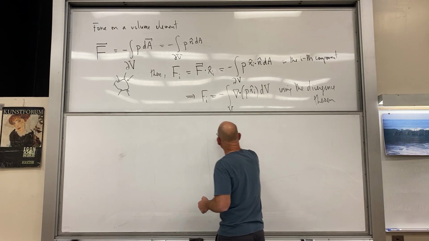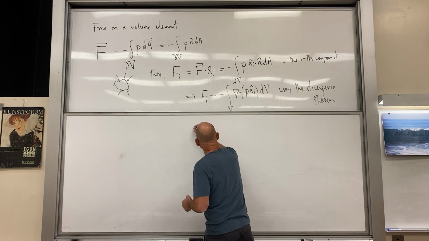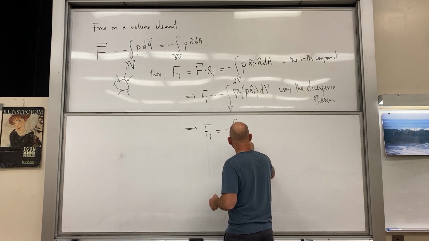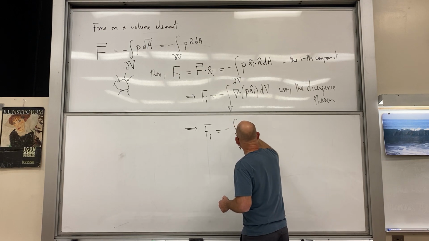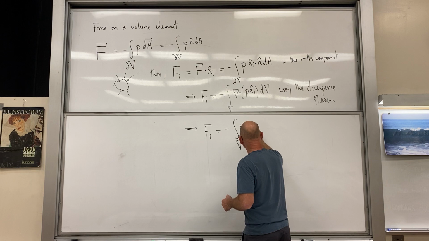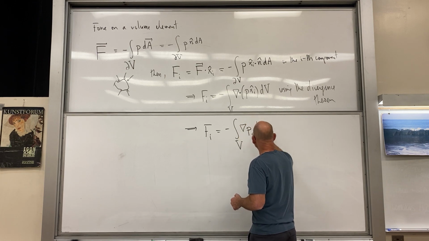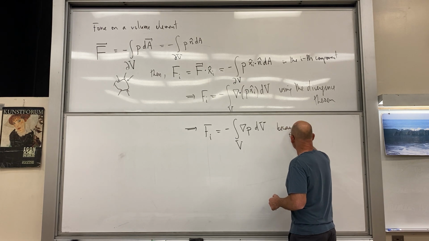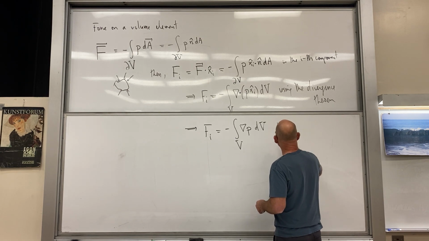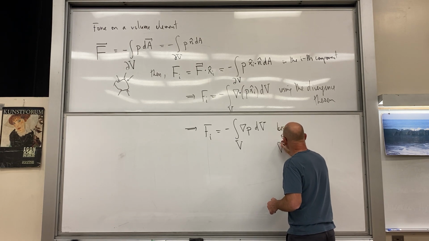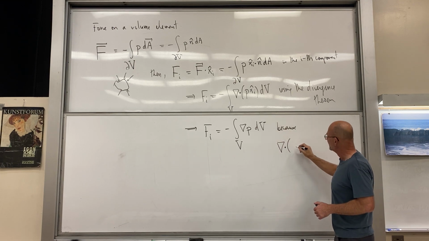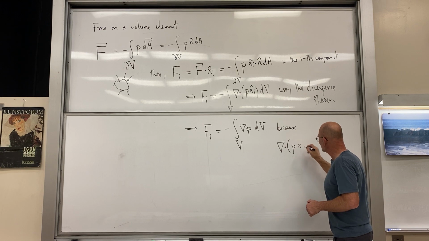And when we use that identity, I'm going to write down what we find first. F i equals minus integral over that volume of the gradient of P d volume, because of the divergence of a scalar times a vector.